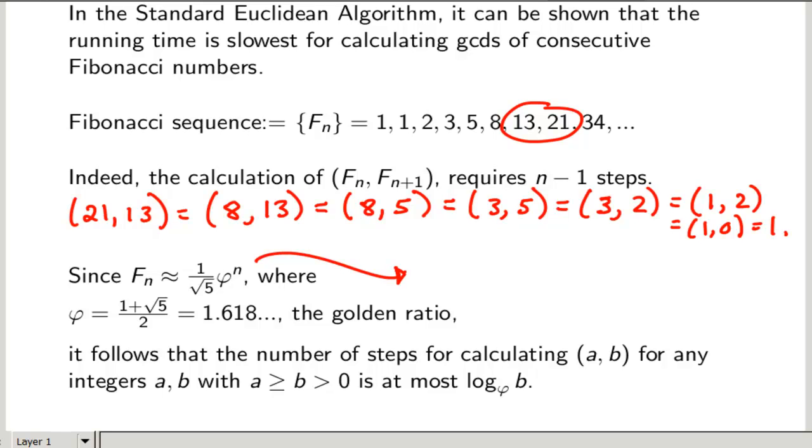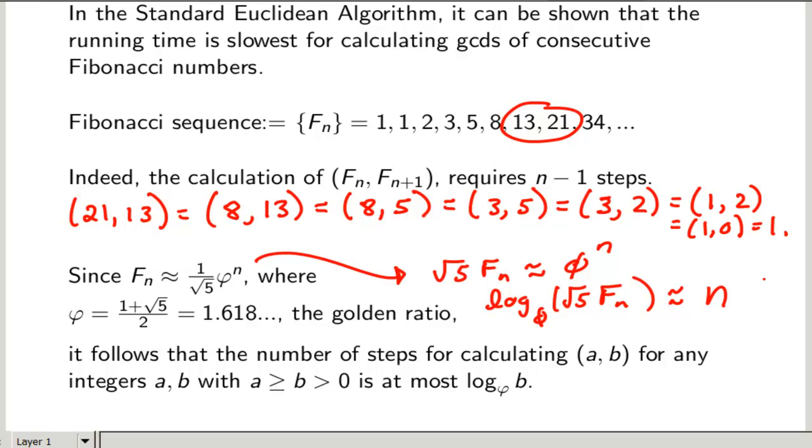Take the log to the base phi of both sides. So you're saying root 5 F_n is roughly phi to the n. And so log to the base phi of root 5 F_n is approximately n, the number of steps. And then subtracting 1 from both sides, we get that n minus 1, which is the number of steps, is approximately this value.